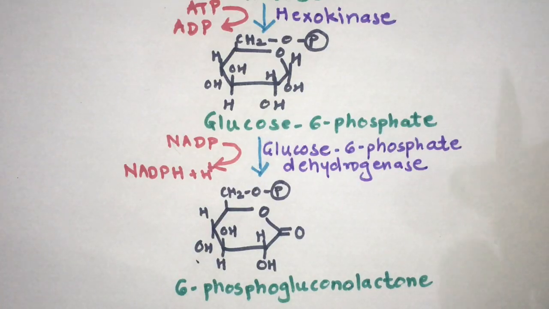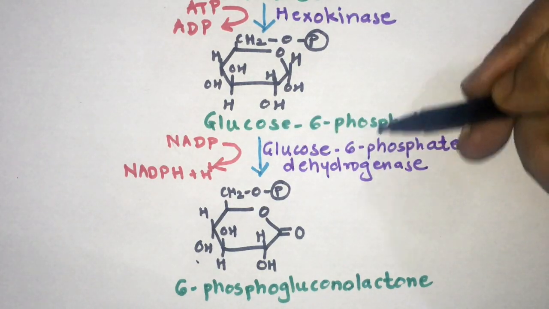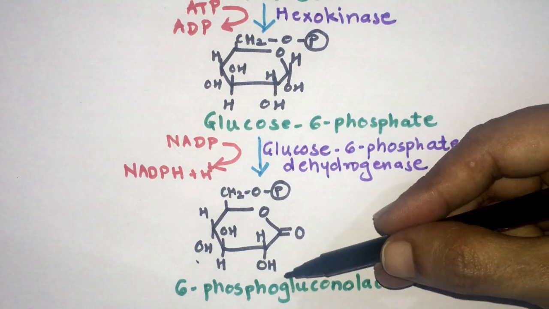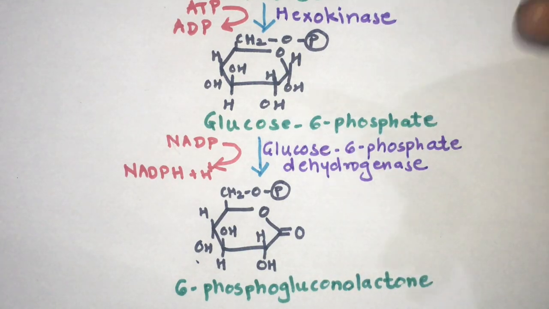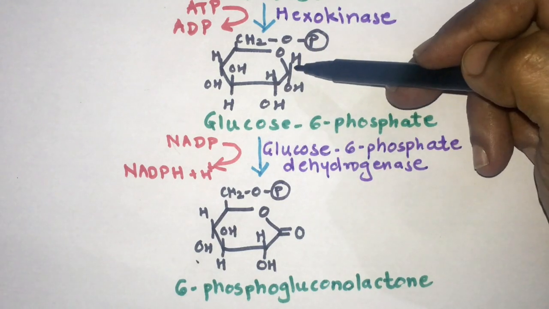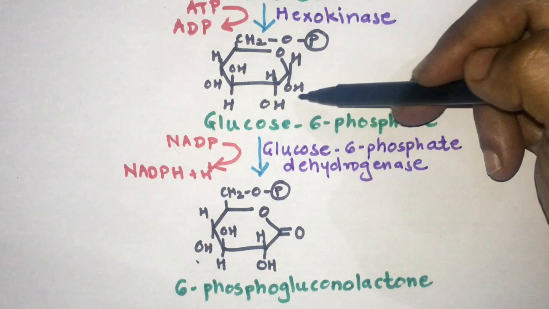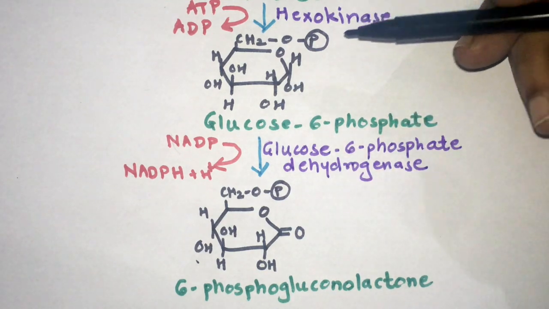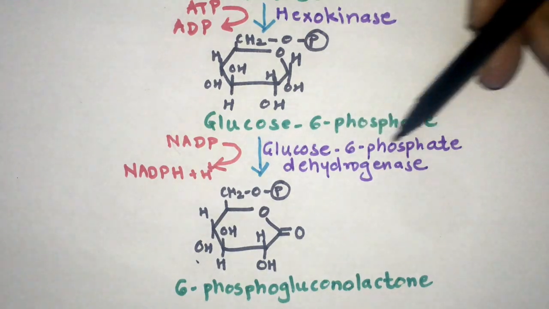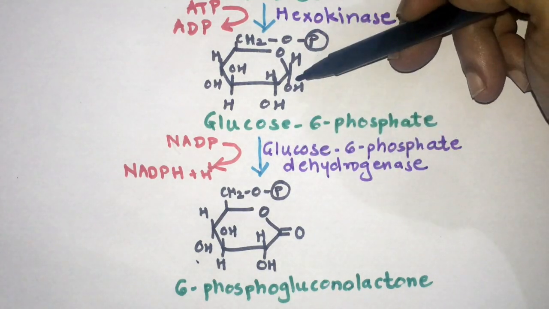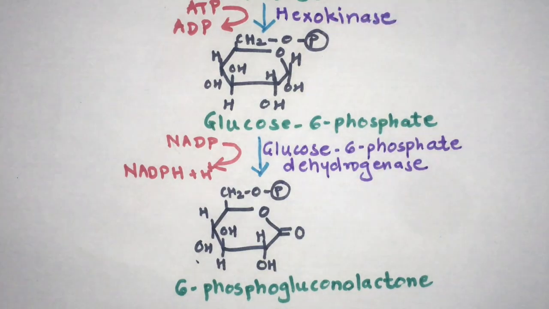In the next step, glucose 6-phosphate is converted to 6-phosphogluconolactone. So what exactly is happening in this reaction? As you can see here, this is the first carbon to which one H and a hydroxyl group, that is OH group, is attached. With the help of glucose 6-phosphate dehydrogenase, these H atoms are removed, so there is going to be an oxidation reaction.